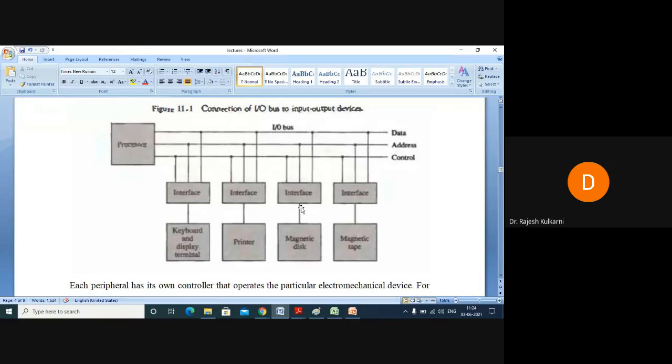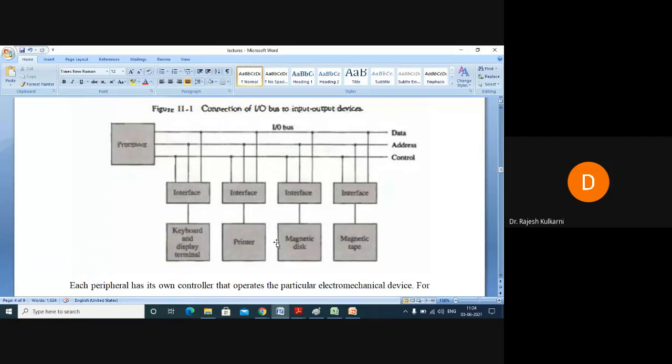CPU is talking to, meaning communicating, transferring data, receiving and sending data to which devices? By looking quickly, tell me so that I can move fast.